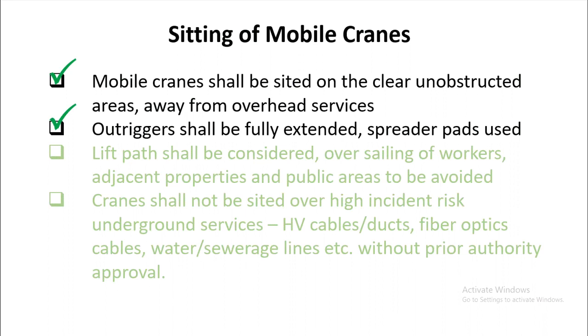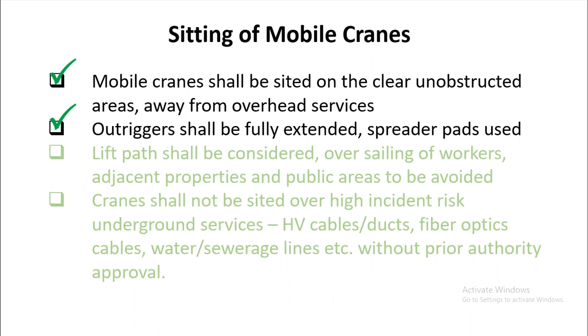So make sure that the outriggers of the mobile crane are fully extended, because this will gain stability for the mobile crane. So it is very important that the outriggers are fully extended. Spreader pads shall be used.